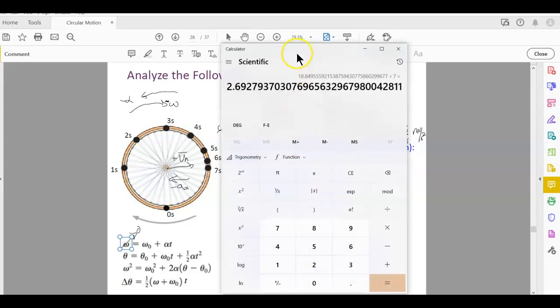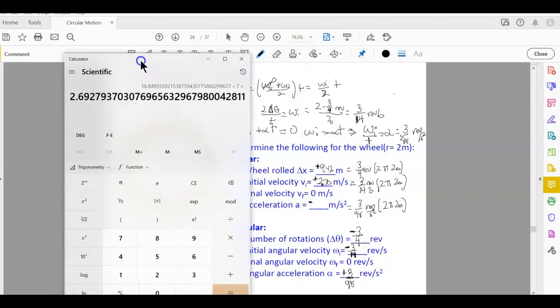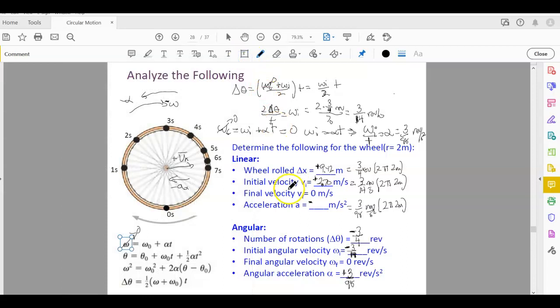So basically, 3 times 2 times pi times 2, divided by 98 equals 0.6 meters per second. So this is going to be negative 0.60 meters per second squared.